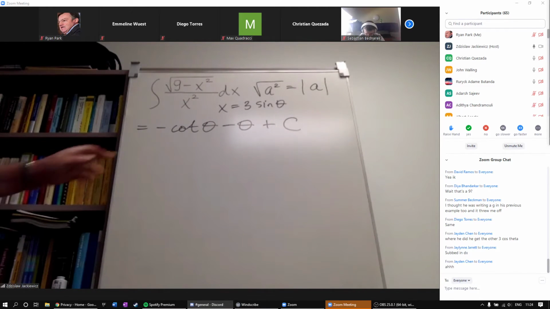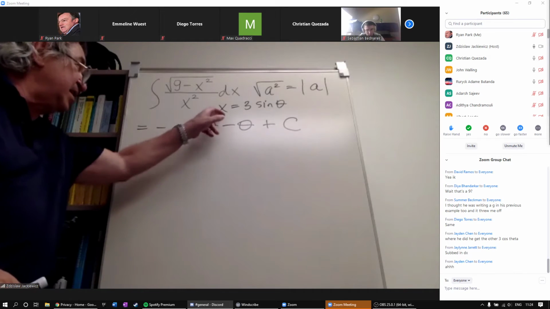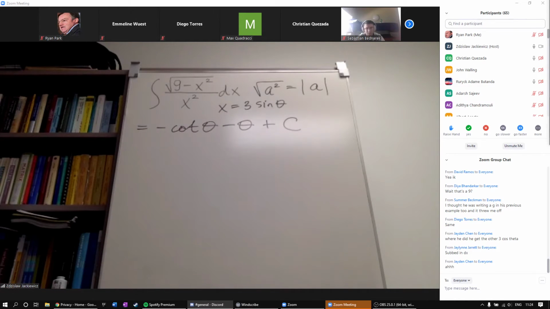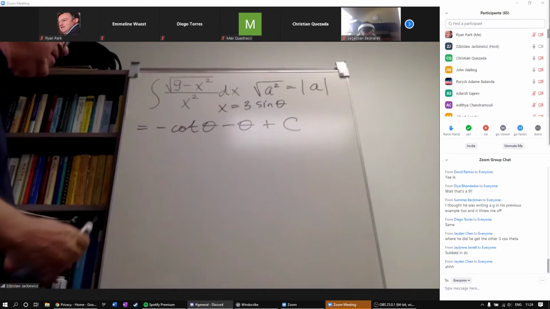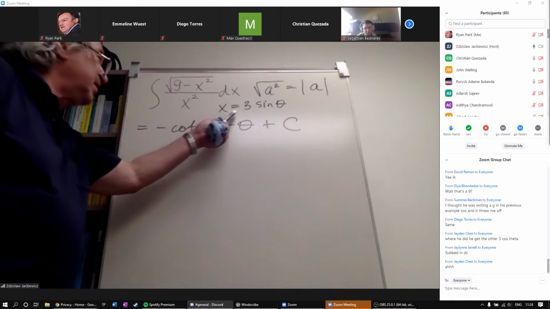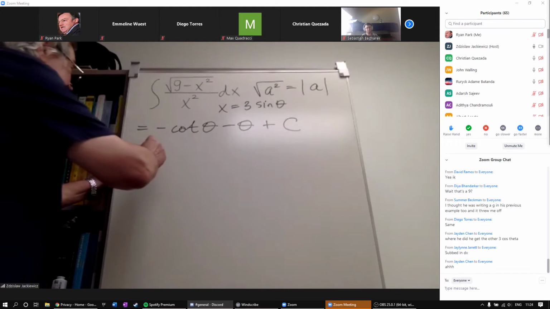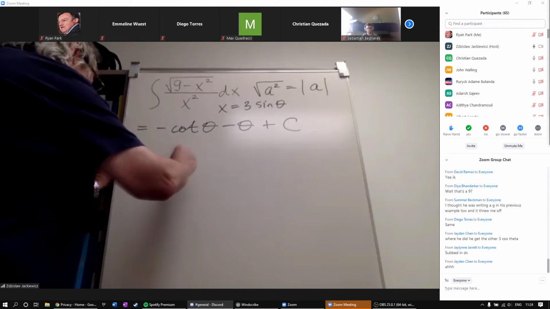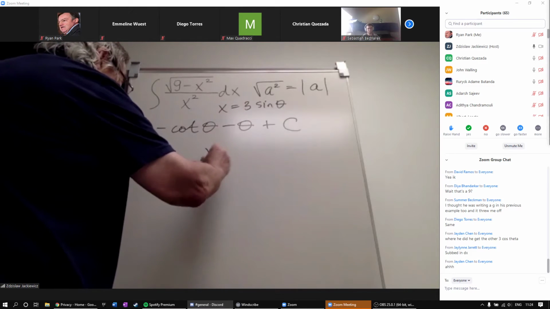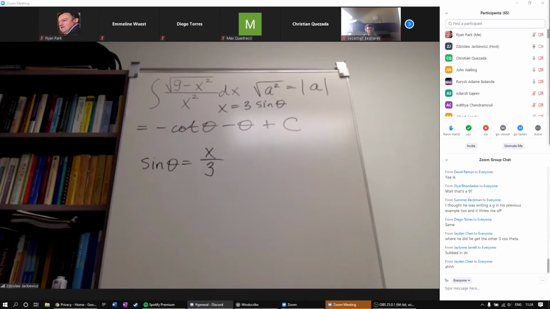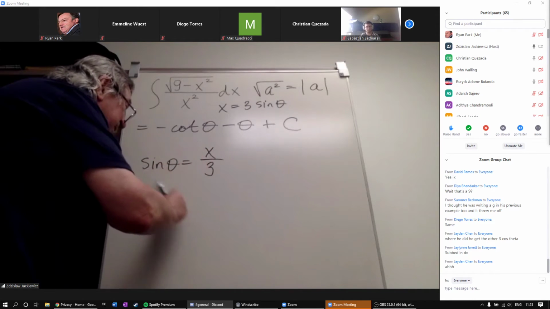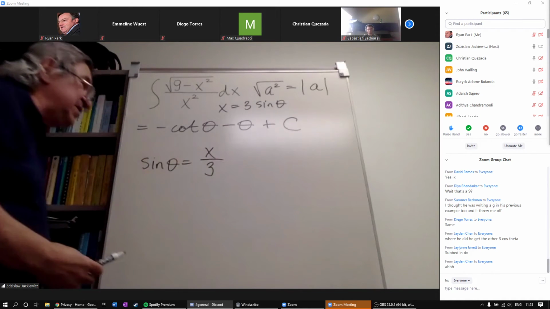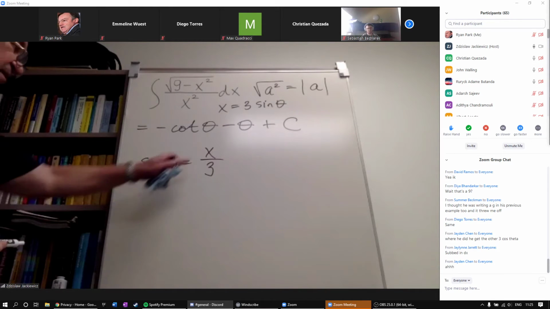We have now to express everything back in terms of x. This is theta. So of course, this is what you do. Let's write the relation like this: sine theta is x over 3. In order to go back to x, let's draw the right triangle which corresponds to this relation.